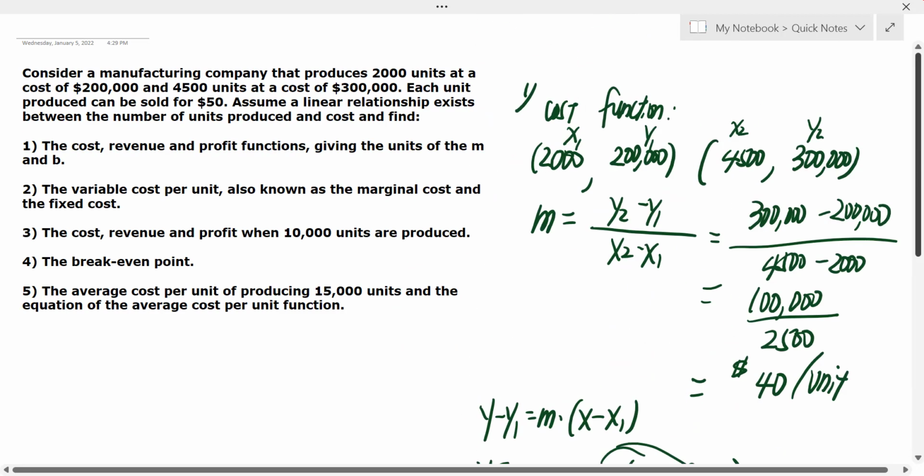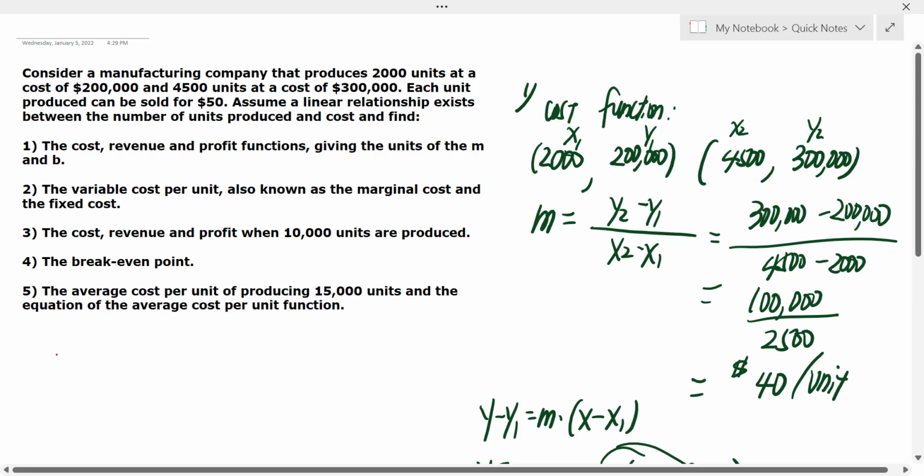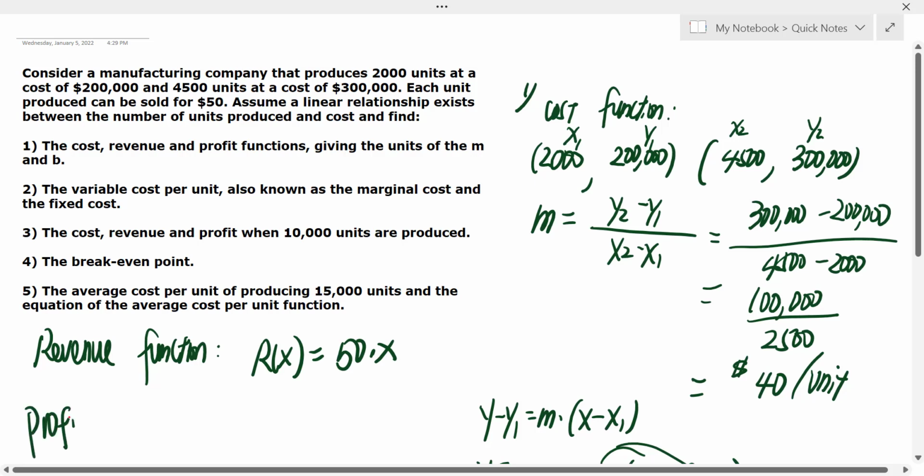And let's go back and look at the revenue function. So the second part is the revenue function, R of x. Each unit produced is sold for $50. So 50 times x. That will be the revenue function. And then the profit function.